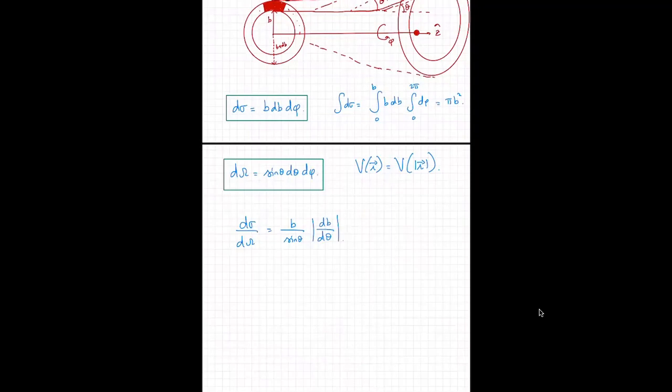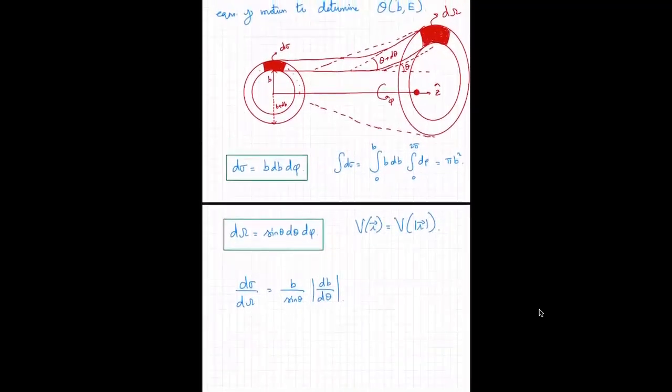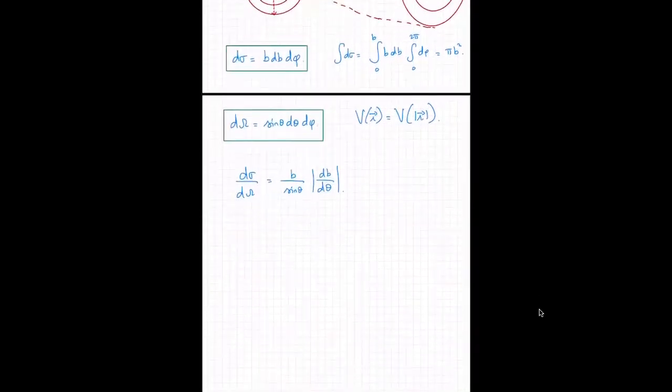Because I'm only interested in the exact dependence of b on theta, so whether I'm looking at the top portion or the bottom portion of this axis doesn't really matter. In fact, the left-hand side should also have a modulus, but in most textbooks we suppress it. You should understand the modulus as being on both sides. So this quantity d sigma over d omega is of fundamental importance, and it is called the differential cross section.